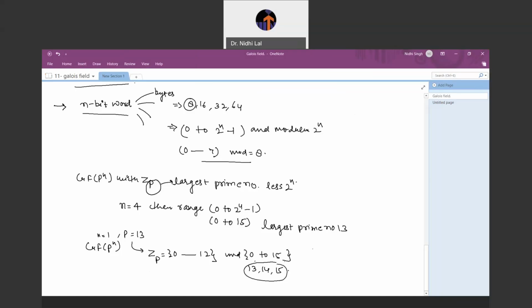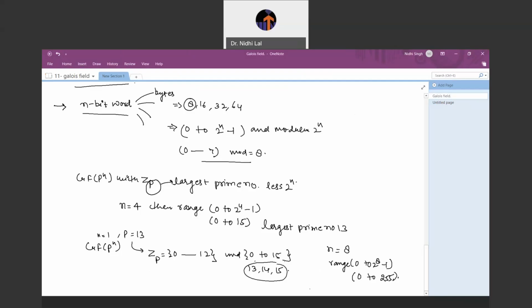Second example. Suppose n equals 8. If n equals 8, then what will be my range? My range will be 0 to 2^8 minus 1, meaning 0 to 255, right? So what will be the largest prime number from 0 to 255?